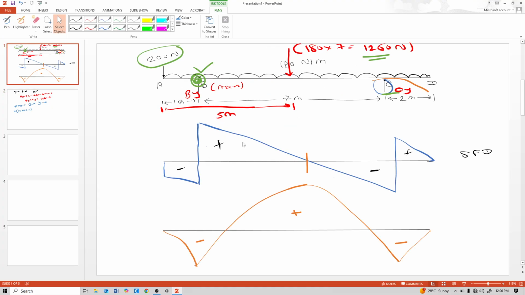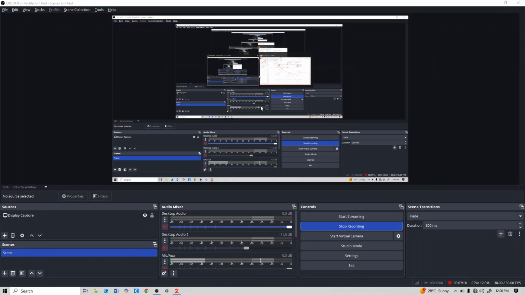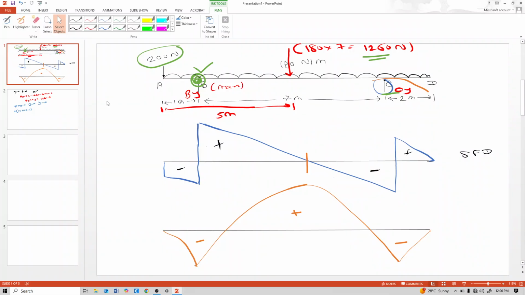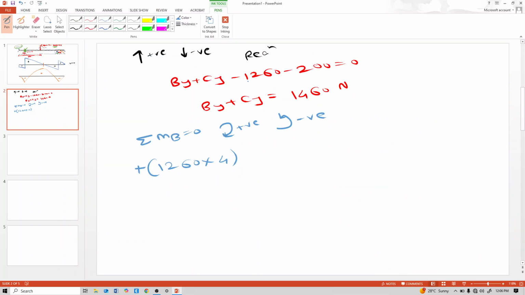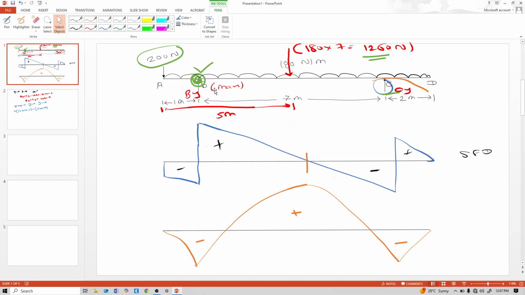Again Cy is upward, so it is anti-clockwise to that point. So minus Cy into 7, the lever arm is 7. And this 200 is also anti-clockwise, and the distance is 1 meter to that point.